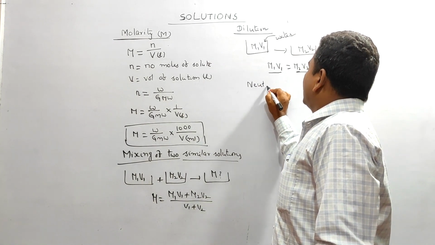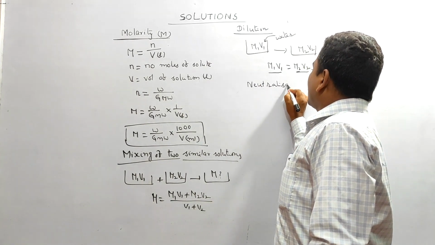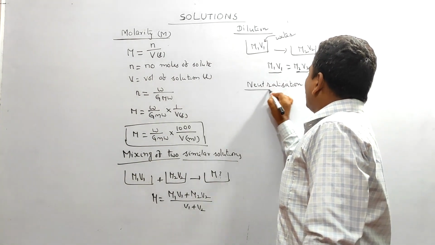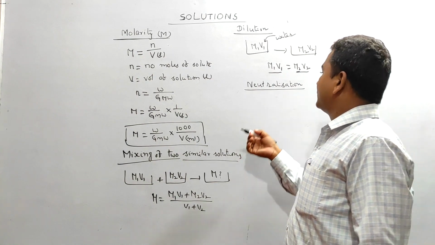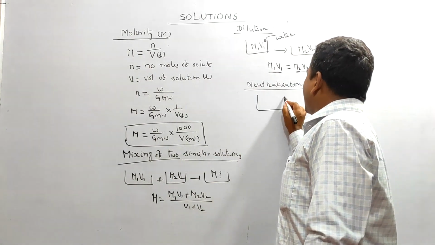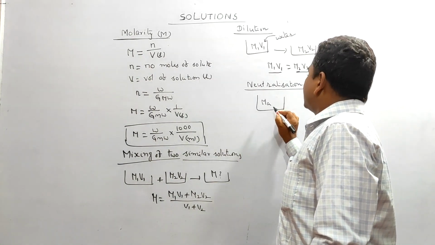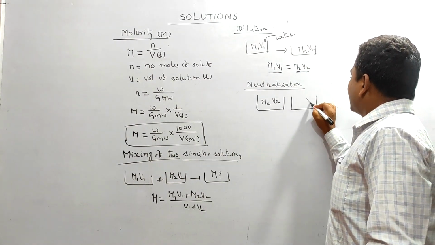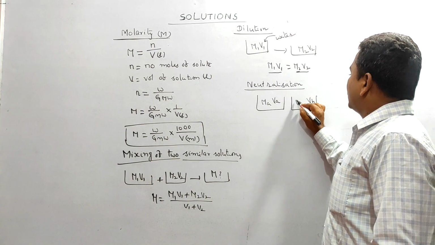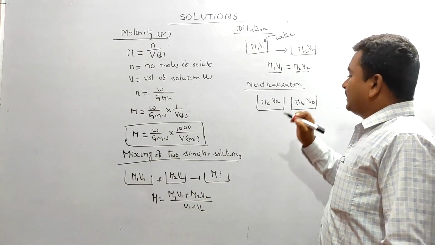Now, during neutralization, how to find the molarity of acid or base required for neutralization? There is an acid of Ma concentration and Va volume. There is a base of Vb volume and Mb concentration.